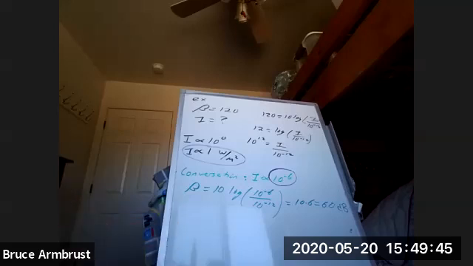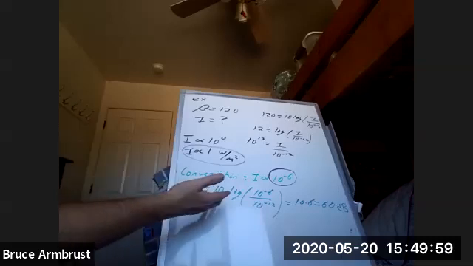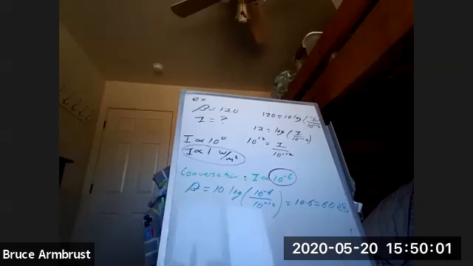So just be aware that an increase of 10 in your decibel level is actually a multiply by 10 in the intensity. So it's a logarithmic scale, and that's why that happens. You know, I was talking about the Richter scale. It's also logarithmic, so similar stuff will happen, where when you increase the Richter scale number by 1, it is actually 10 times as strong.